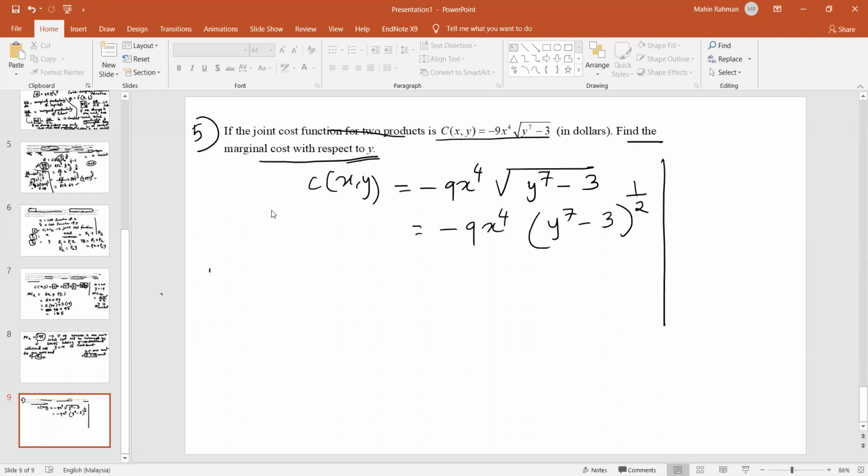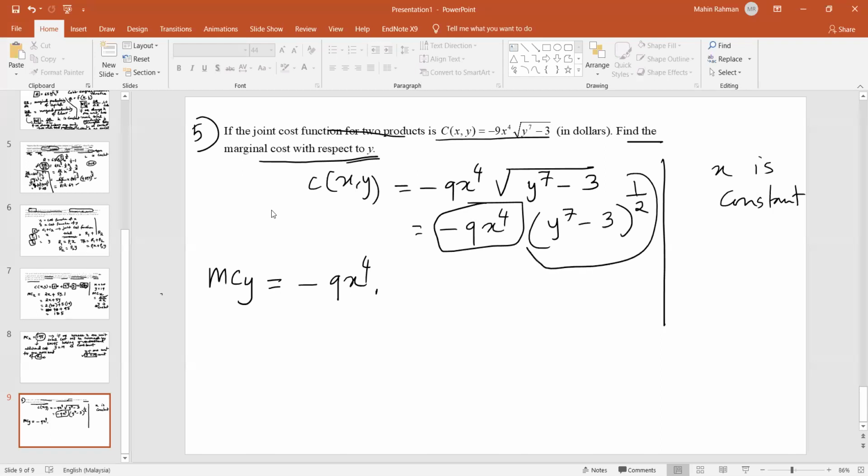You have to find the marginal cost with respect to y, so that means x is constant. So you can write 9x^4 as a constant number, and only you have to differentiate this part. So which rule do you follow?